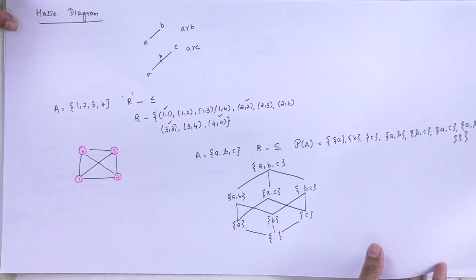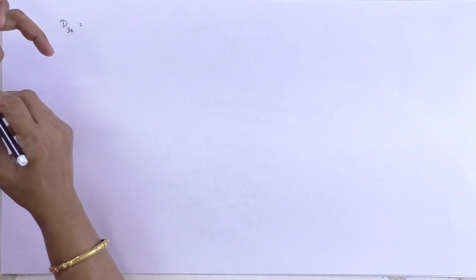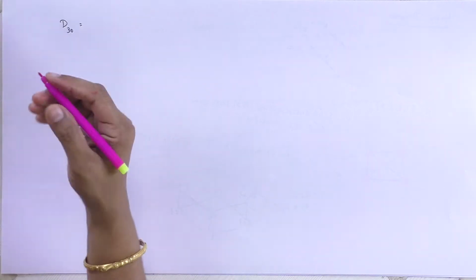Alright. So this is all about the Hasse diagram. Next is, even if you want to find out the lower bound and upper bound for any lattice, I'll just give you, write down the divisors of 30. So D represents the divisors of 30. What are all the divisors of 30?